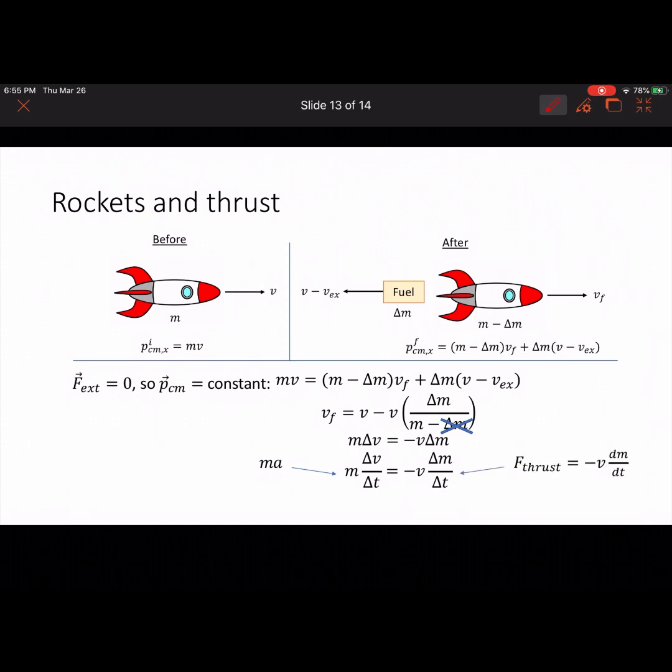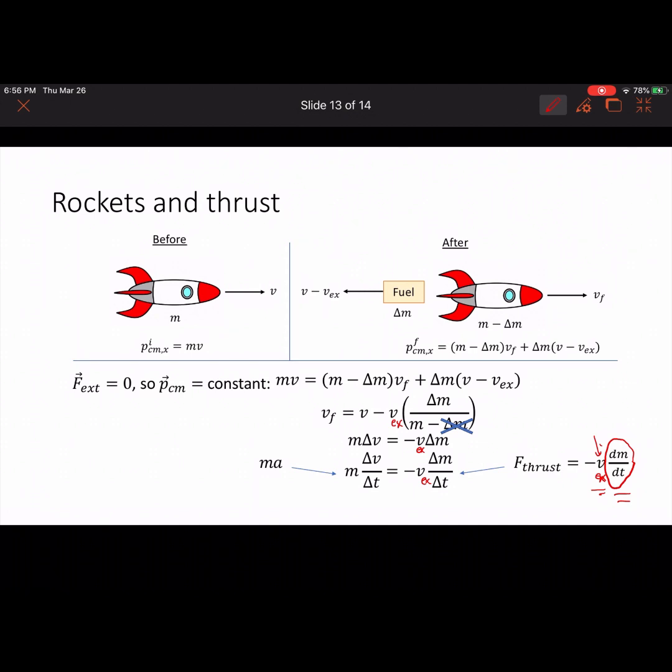So that turns out to be this new force called the thrust force. If mass is lost at a rate dm dt for an object moving at velocity v, and this should be v expulsion, I apologize about that, these should all be v expulsions on the right-hand side of the equation, then the thrust force is equal to the velocity of expulsion times the rate at which mass is lost.